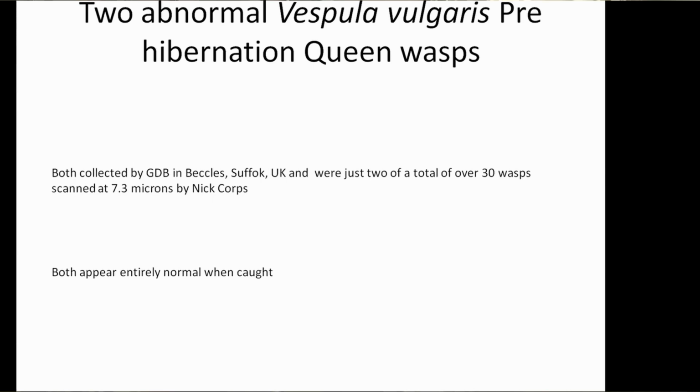These are both pre-hibernation queens collected by myself in British West Beccles and scanned by the long-suffering Nick Corr. And both the wasps were, to me, entirely normal when I caught them.